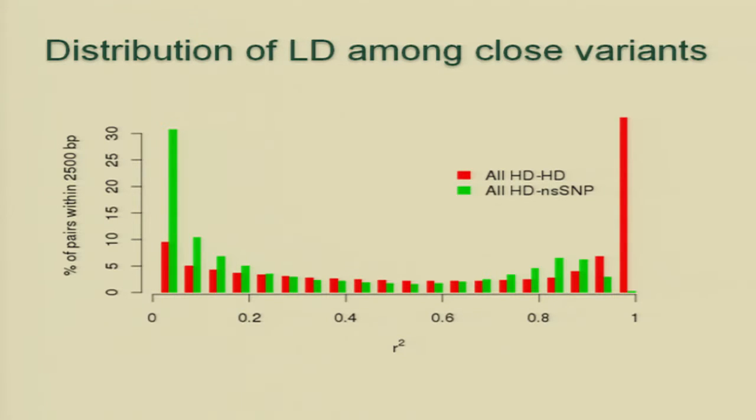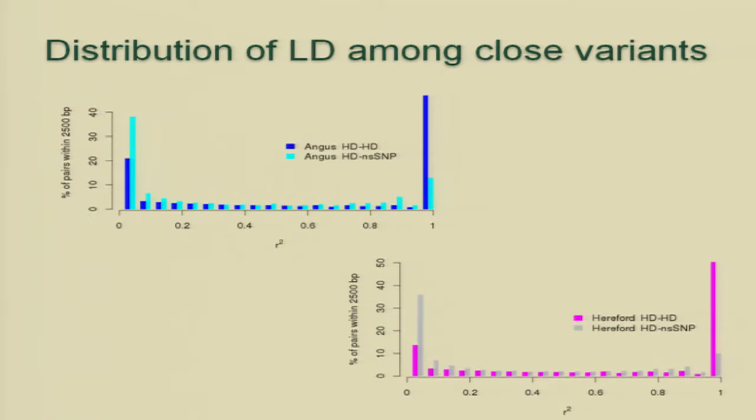And it's exactly the opposite between high density and non-synonymous, where we have less than 2,500 base pairs between a high density SNP and a non-synonymous SNP. Most of those have no correlation between genotypes, and there are a few that will be fairly highly correlated. We see the same thing within both sets of purebreds, the Hereford and Angus.